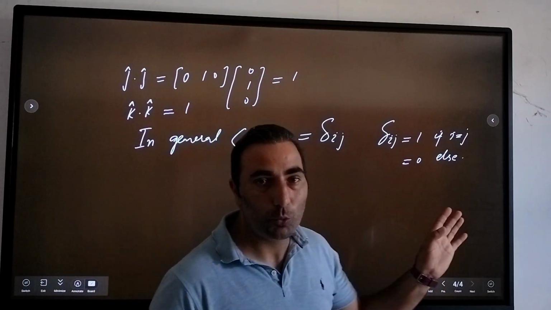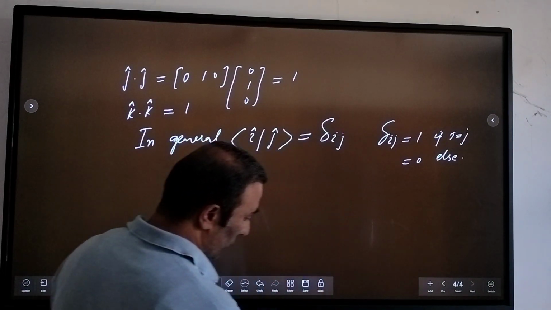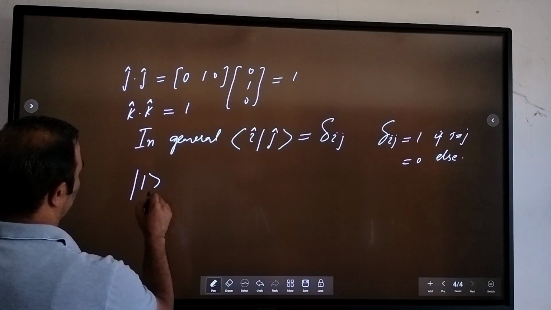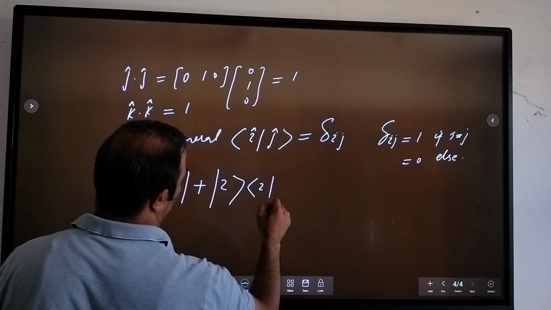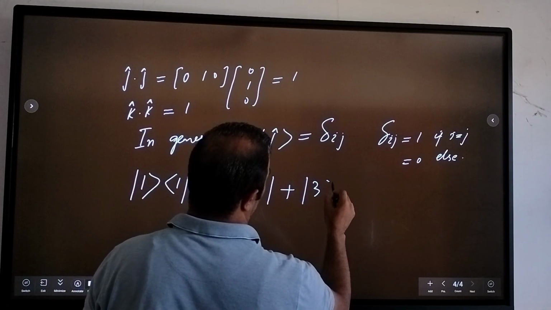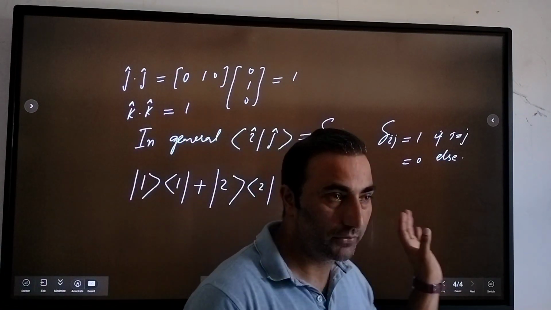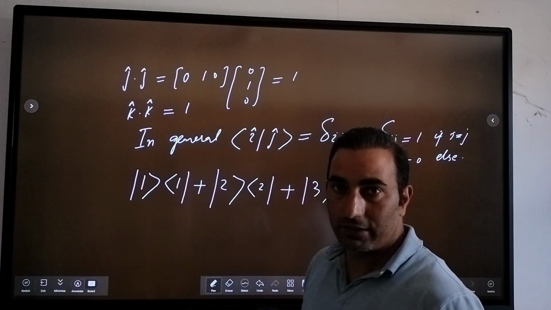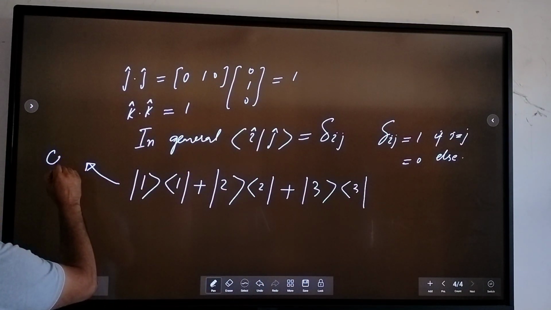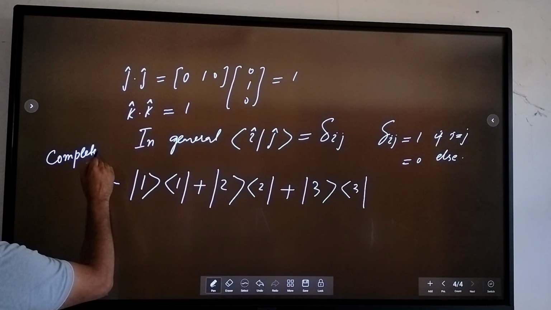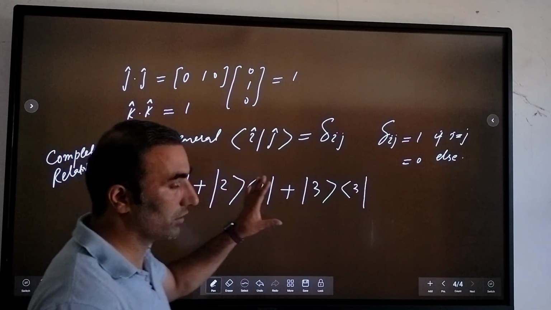Instead of that, if you take the outer product between all possible orthonormal unit vectors, that means 1 with 1, 2 with 2, 3 with 3, summing over all possible ones, this relation is called a completeness relation.